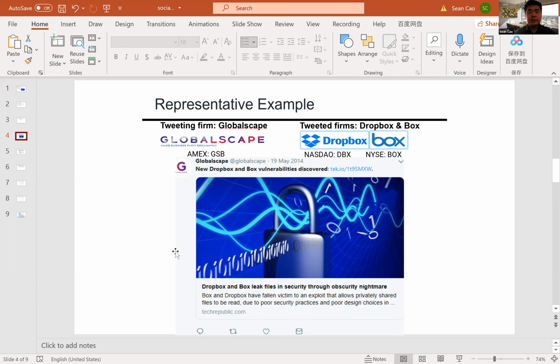So someone says something bad about other people on the website. In this case, GlobalScape says something bad about Dropbox product issues. So how do we use these data to help managers, to help investors?